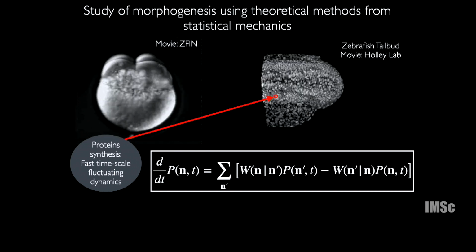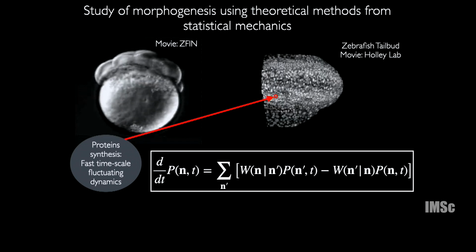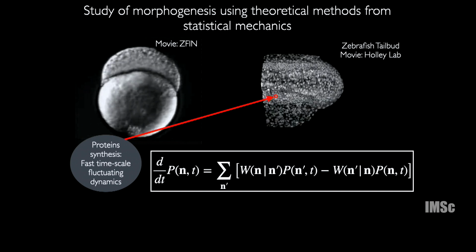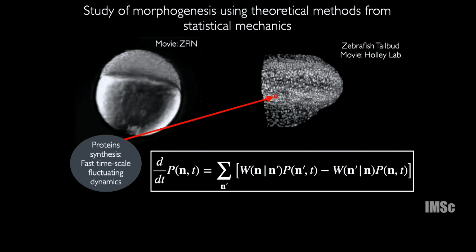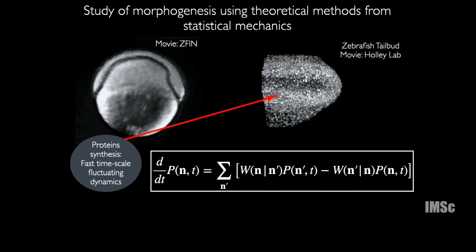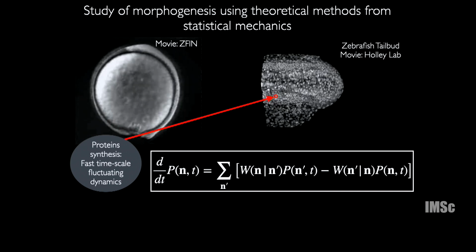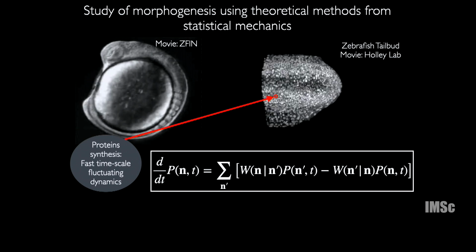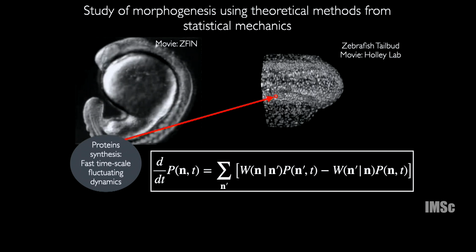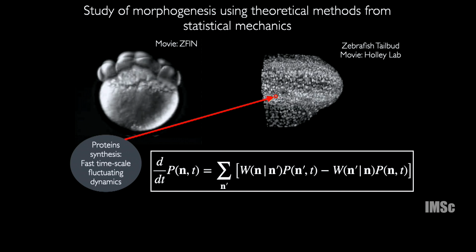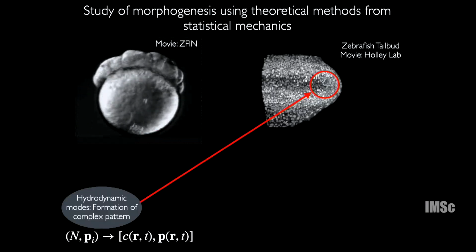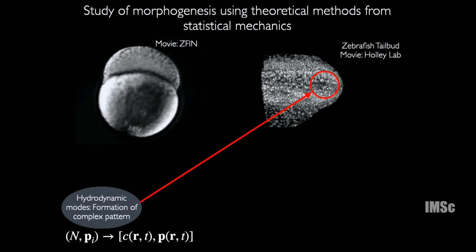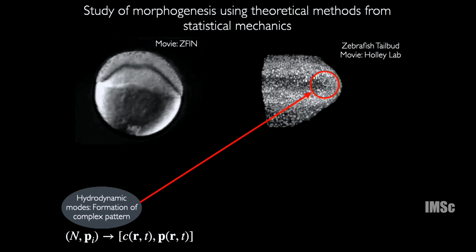However, if I am not interested in how the proteins are interacting, but am interested in the slow scale dynamics of how this shape emerges, which emerges over a span of roughly 24 hours, whereas the proteins interact at a very fast time scale, then what you can do is take a big box and say, I will not worry about what is happening inside each cell.